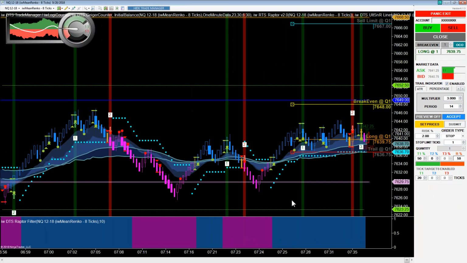But here too, while my initial stop was down here, now it's already brought up to here. So my initial risk is merely a safety net, nothing more.